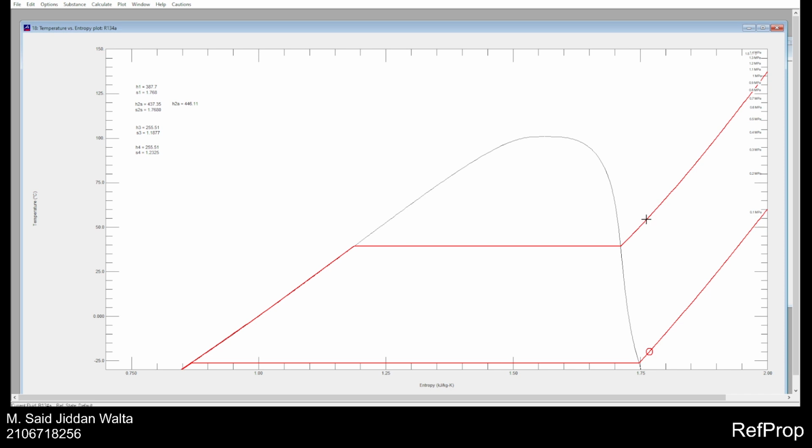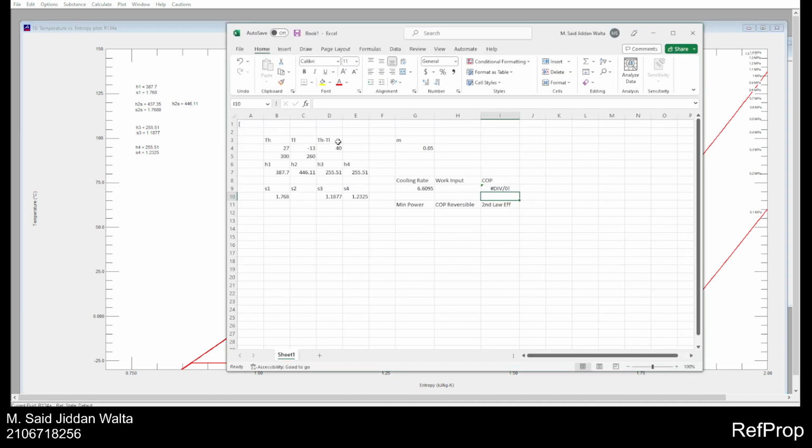In this cycle, the only temperature increasing process happens in the compressor, where isentropic compression occurs, and that is where the only work occurs. So the work input is only between 1 and 2, where the compression process happens, the same way as the cooling rate is to multiply the mass flow rate by the difference between the enthalpies of 2 and 1 to find the work input, and we divide these two values to get the COP of 2.263.